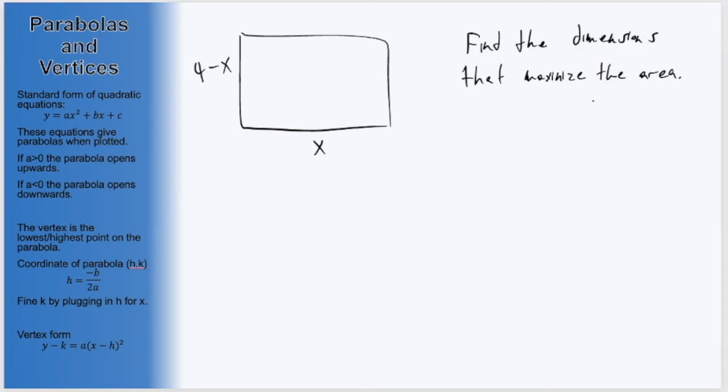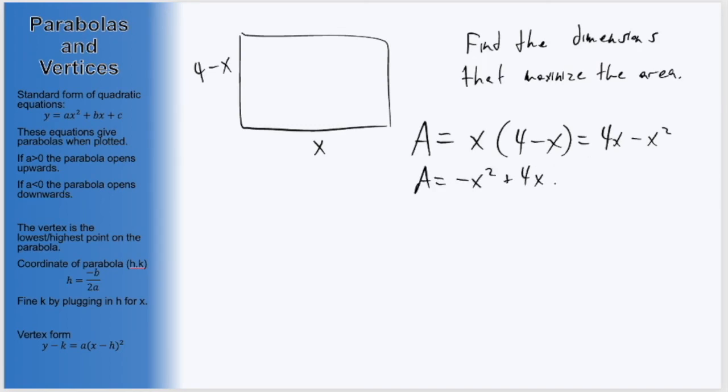When trying to minimize or maximize something, we always need the equation related to that quantity, so we want an equation for the area. The area of a rectangle is just going to be the length times width, so the two sides here multiplied together will be x times 4 minus x. If I go ahead and expand this, I'll have 4x minus x squared, which I will rewrite slightly as minus x squared plus 4x.